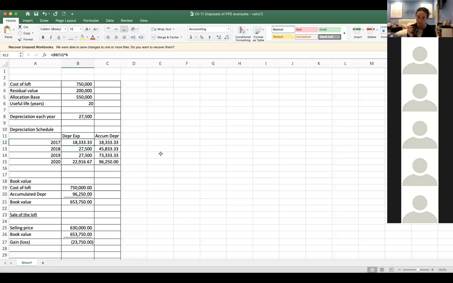And now can you see it? All right. So calculating book value, which I did right here, we know is cost minus accumulated depreciation.